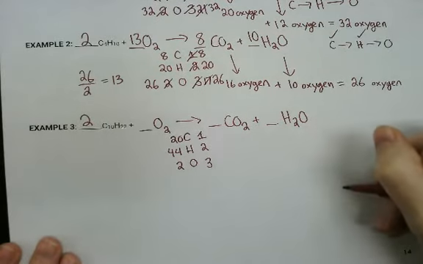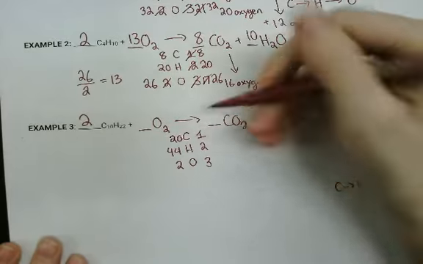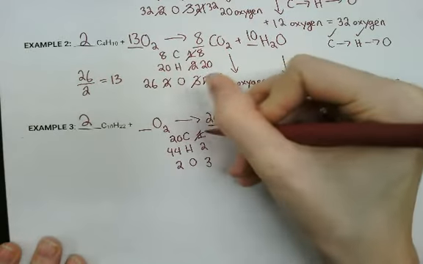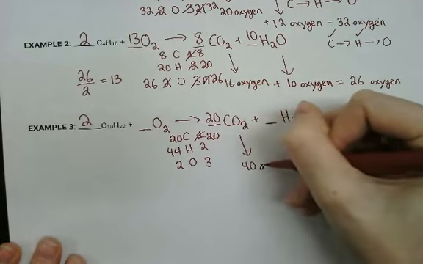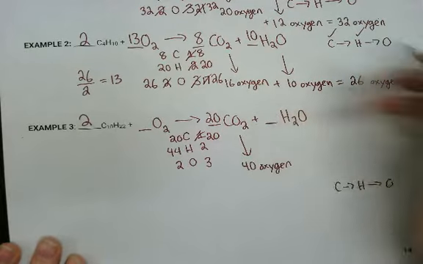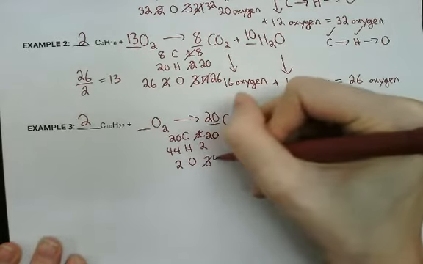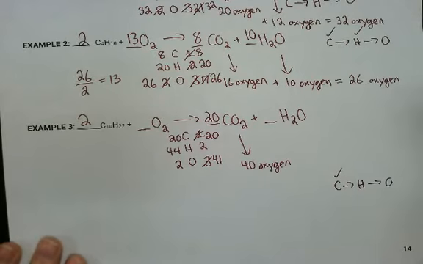Same thing. We're going to balance carbon, then hydrogen, then oxygen. So I will place a 20 in front of my CO2. That will also increase my number of oxygen. Now I have 41 oxygen, but I balanced my carbon.